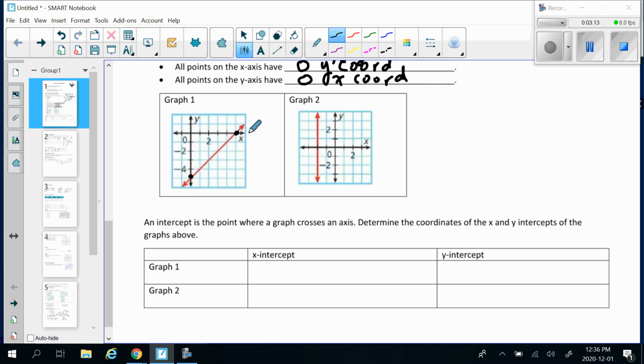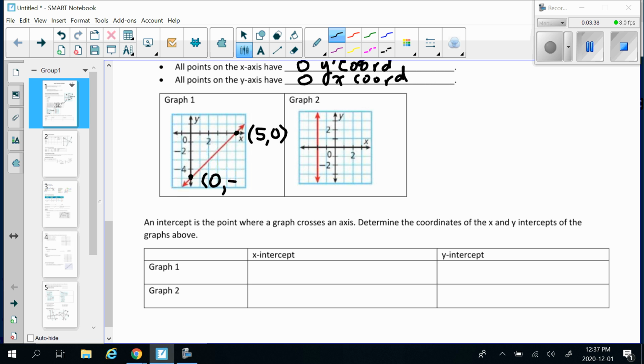We can actually read it right off of here. If we read the ticks 1, 2, 3, 4, 5, the coordinates of this point are (5, 0). And the coordinates of this intercept are, sorry, not (-5), (0, -5), because you have to read the x coordinate first.